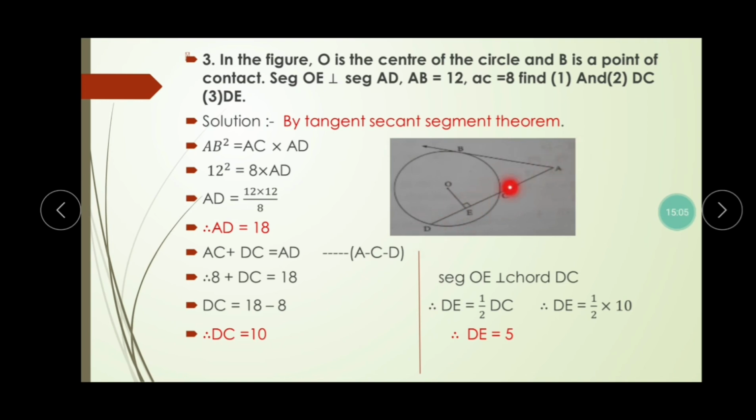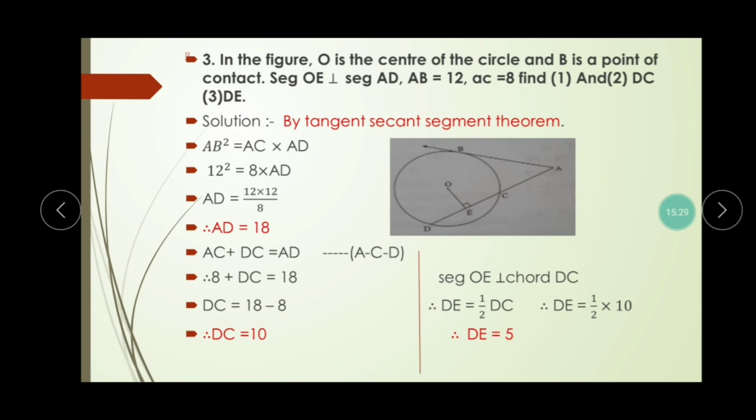So what will be DC then? DC will be 18 minus 8, so 18 minus 8 is 10. That is DC. After that, come to the circle. DC is the chord and OE is the perpendicular which is landing on DC at point E.